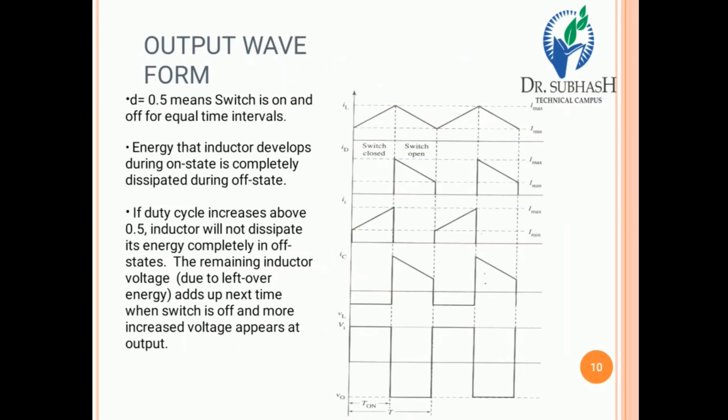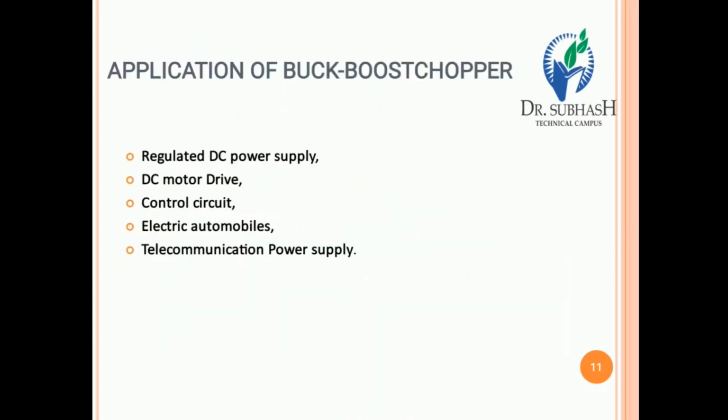If the duty cycle is increased above 0.5, the inductor will not dissipate the energy completely in the off state, right? And the remaining inductor voltage is added up the next time when the switch is off, and it increases the output voltage at the on times, right?